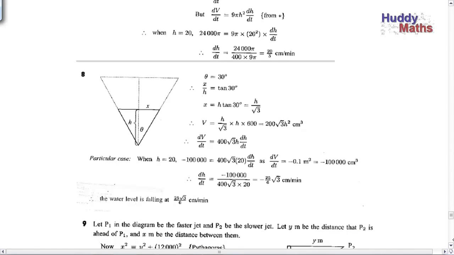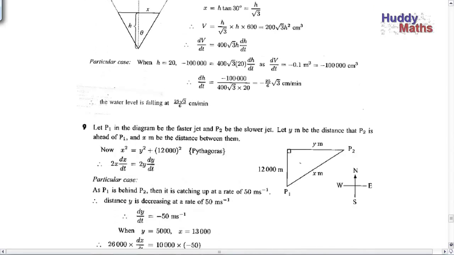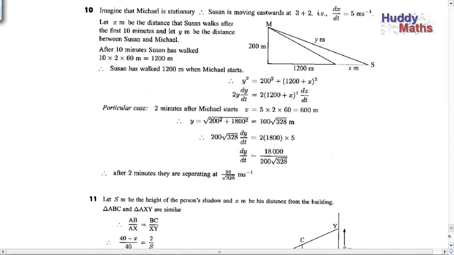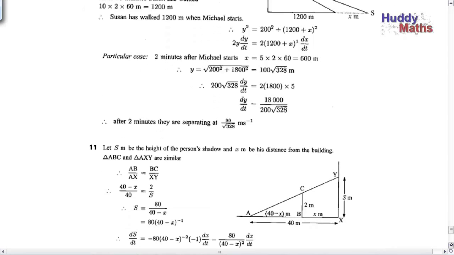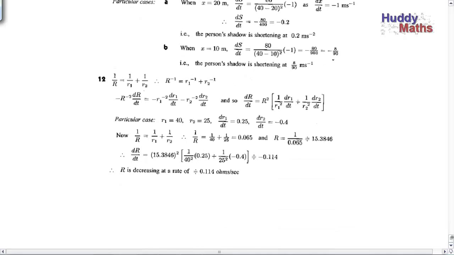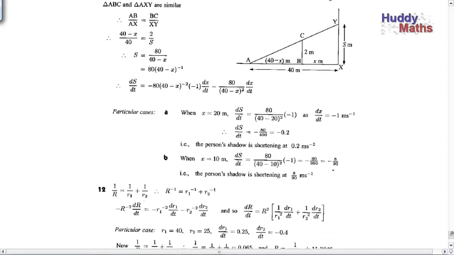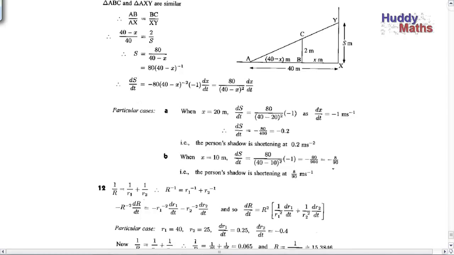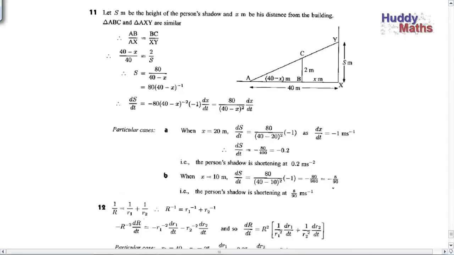There's 8. 9. 10. But we'll just go back up a little. There's 11. Similar triangles one. And finally 12.